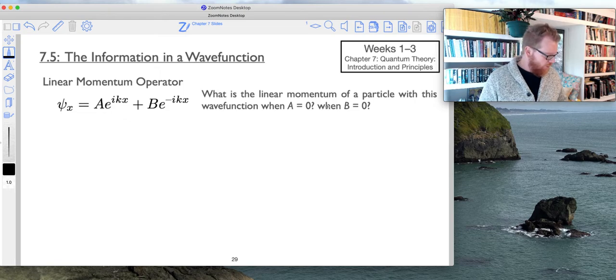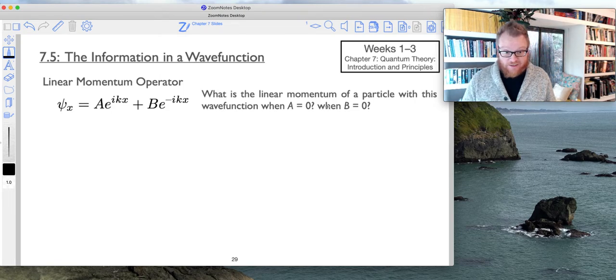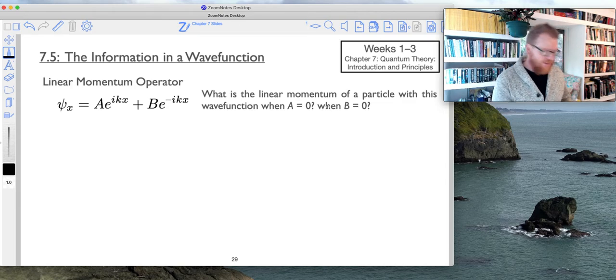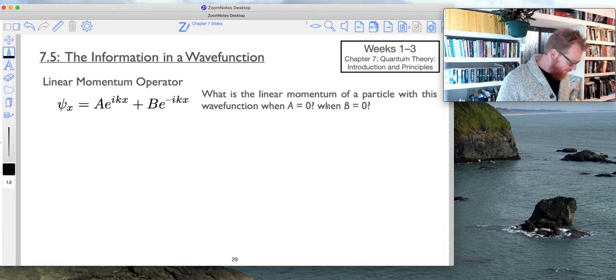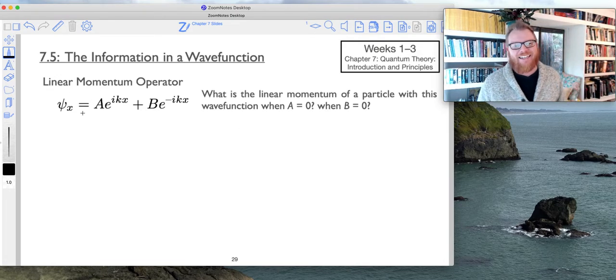So moving along, let's do a more physically realistic set of operators with a slightly realistic wave function, this 1D wave function. I'm going to play the same game with a equals 0 or b equals 0.